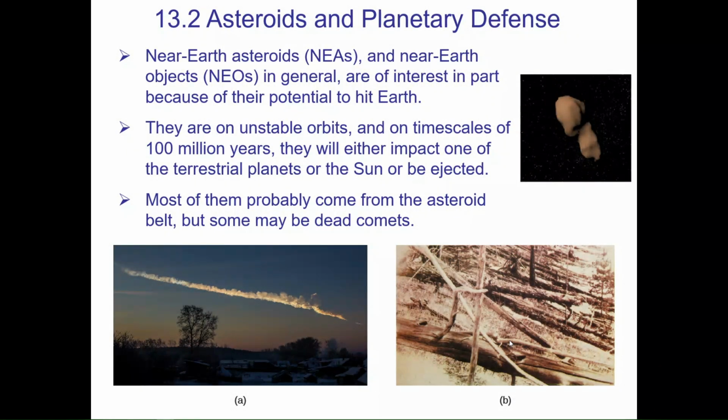This collision took place in Russia, at a place called Tunguska River in Siberia. Fortunately, because it's not a populated area, no one got hurt. But you can see in the picture that a large area of forest was destroyed by that impact.